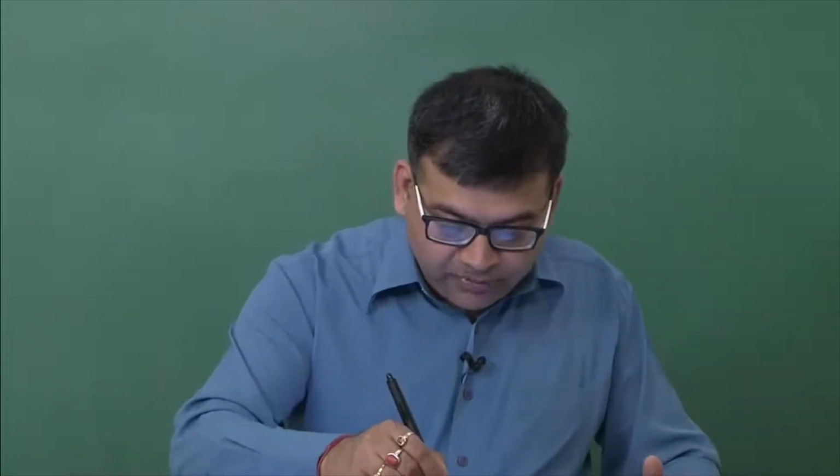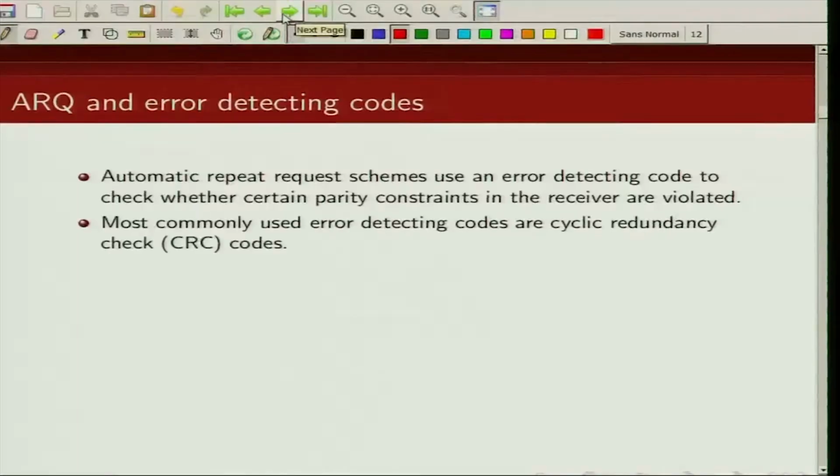At the receiver, this error detecting code will try to find out whether the packet has been received correctly or not using those additional parity bits. One of the most commonly used error detecting codes in ARQ applications is CRC, cyclic redundancy check codes. CRC codes are error detecting codes which are very popularly used for ARQ applications.